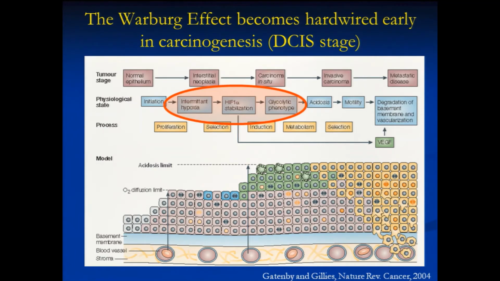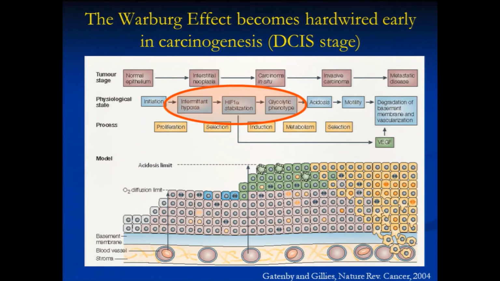But then they reach what they call an acidosis limit. So these cells are unable to grow in these acidic conditions. But once again, they're under selection for not only low oxygen, but also growth at low pH. And at some point, they become able to continue growing even in these acidic conditions. And you see that these are the cells that then are able to outgrow.